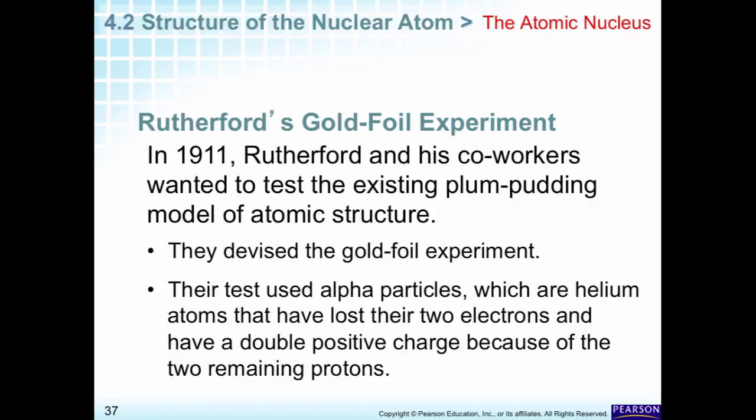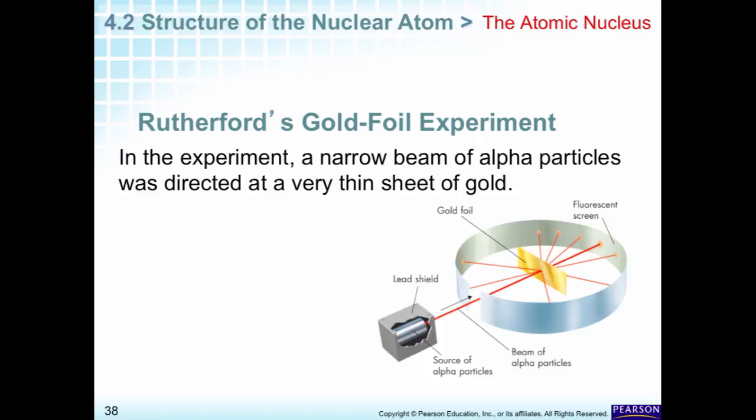So he's going to use these alpha particles as bullets, and he's going to shoot them through a piece of gold foil. He's going to have a screen that will have a fluorescent spark, more or less, when the alpha particles hit the screen.